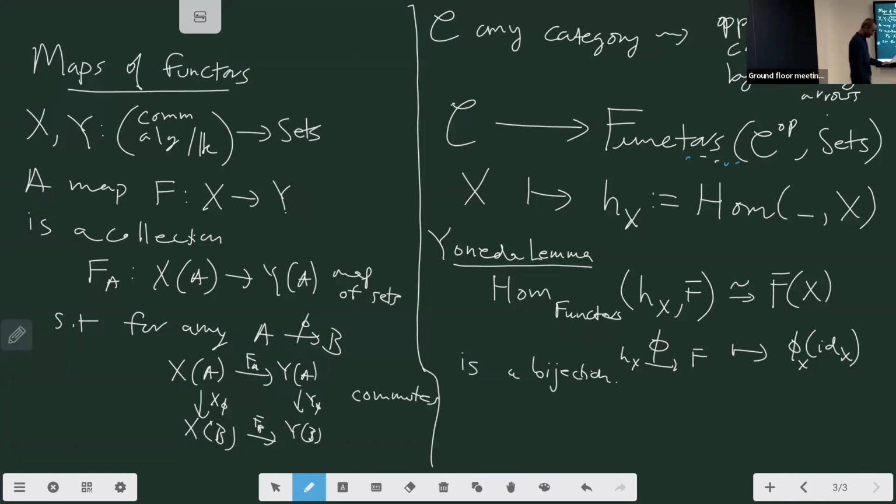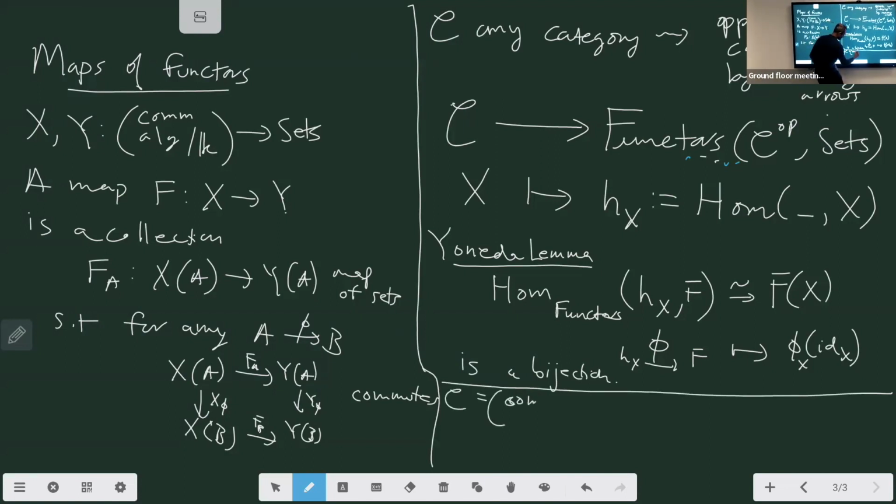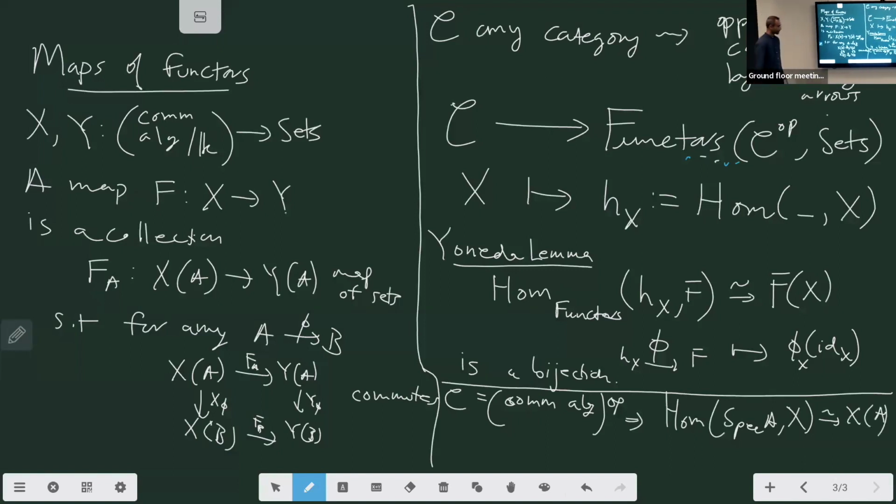So what does this buy us? Let us take, in our example, C equal to commutative algebras, or opposite. So what does this tell us then? It tells us that Hom from spec A into any X is isomorphic to just X of A. I'm just applying this with C equal to commutative algebras op.